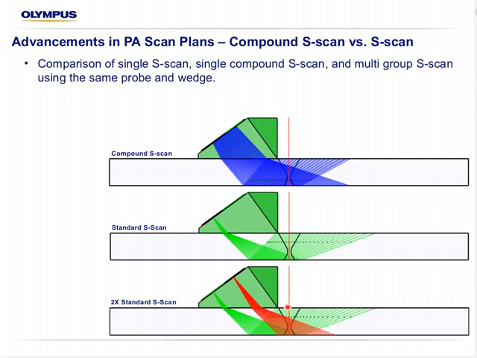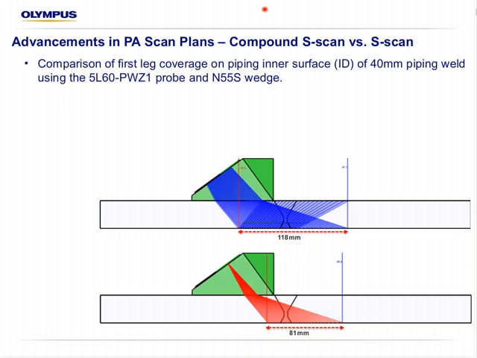The field testing and customer feedback from our beta testing, and what we know of this up until now, is that the compound S-scan is more productive in almost every respect, including the ability to maintain near perpendicular orientation on a 30 or 37 degree weld bevel, which is very common in the industry.